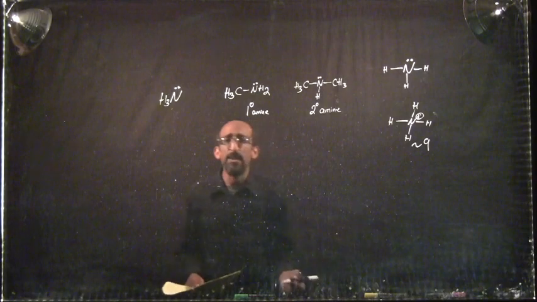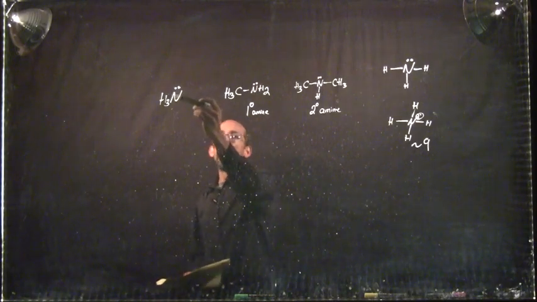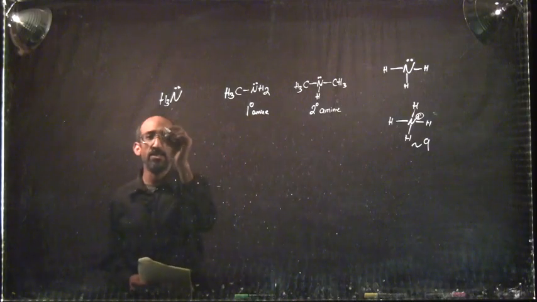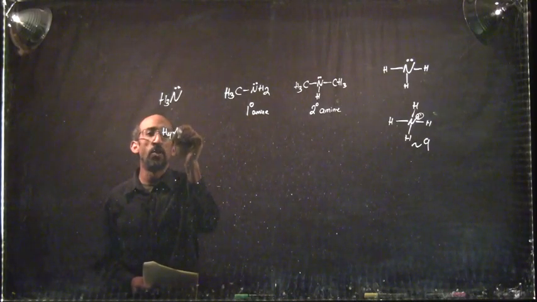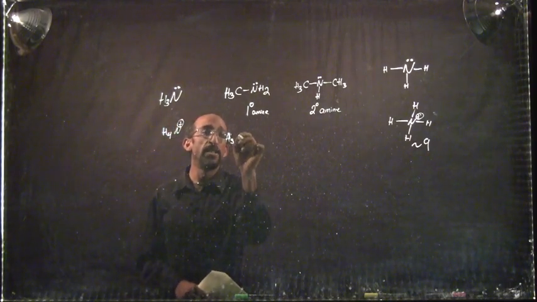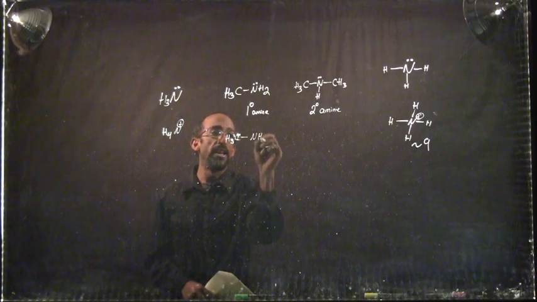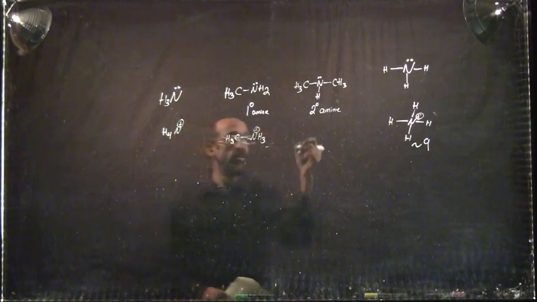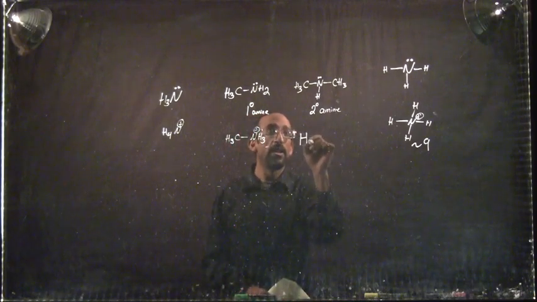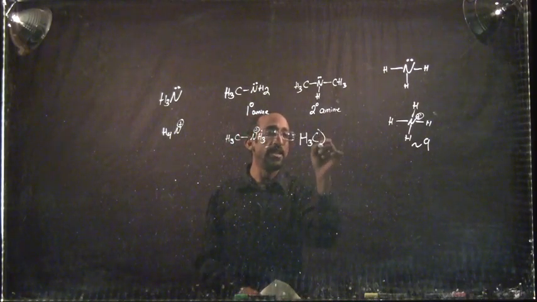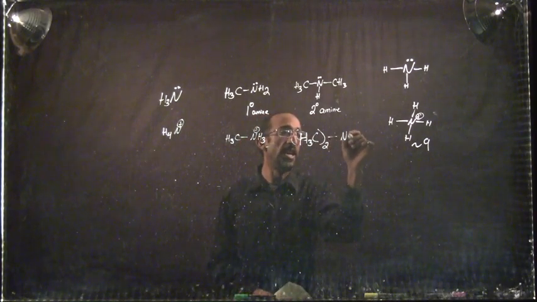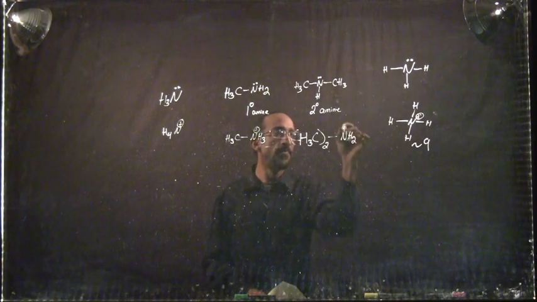And what we're going to find is that as we move from ammonia to our primary amine to our secondary amine, their conjugate acids, so H4N plus versus H3C NH3 plus versus H3C, we're now going to have 2 of these on our nitrogen, NH2 plus, right?